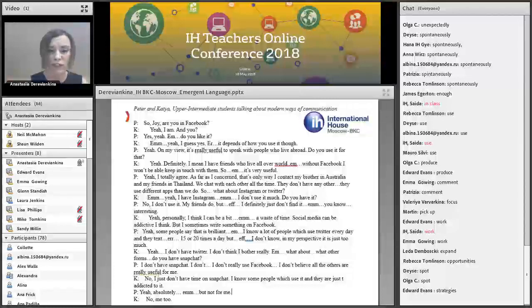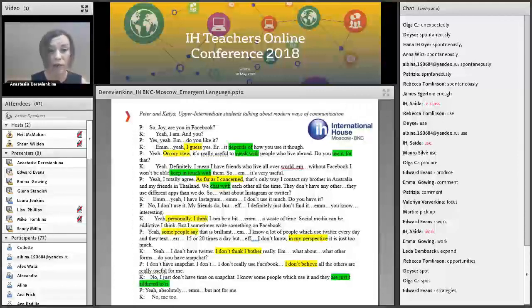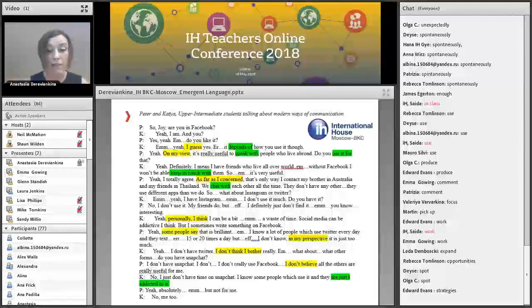You don't need to read it now, but what I want you to look at is the emergent language which I have decided to pick up on. All right, so the yellow color, I used it to highlight some opinion phrases, and green color to highlight some prepositional phrases.